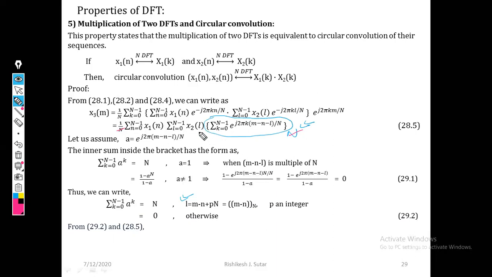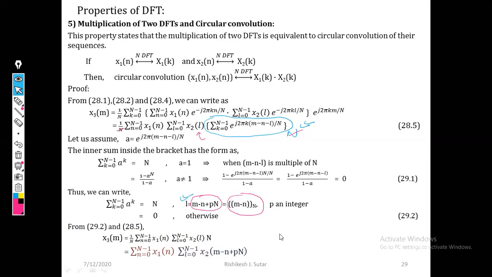And this l is nothing but m minus n plus Pn, so ultimately I can write it as m minus n subscript capital N. All these substitutions we'll put in the equation. So both N will get cancelled, and what I got is m minus n plus Pn. Let us move towards the next slide.